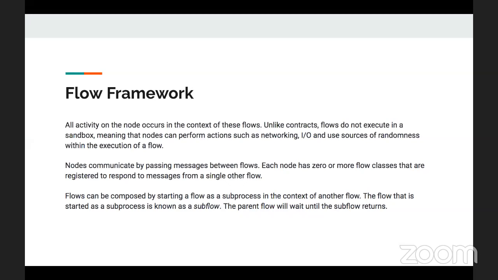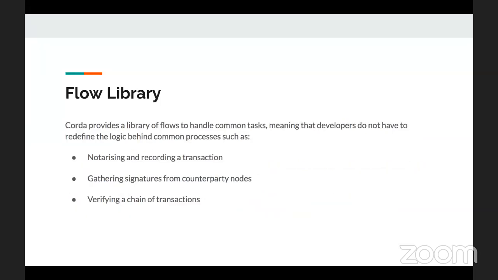The flow that is started as a sub-process, we call it a subflow. So the parent will wait. That's why we have an await instruction, right? It can asynchronously wait for subflows to complete. So the flow library is internally used in Corda to handle common tasks.